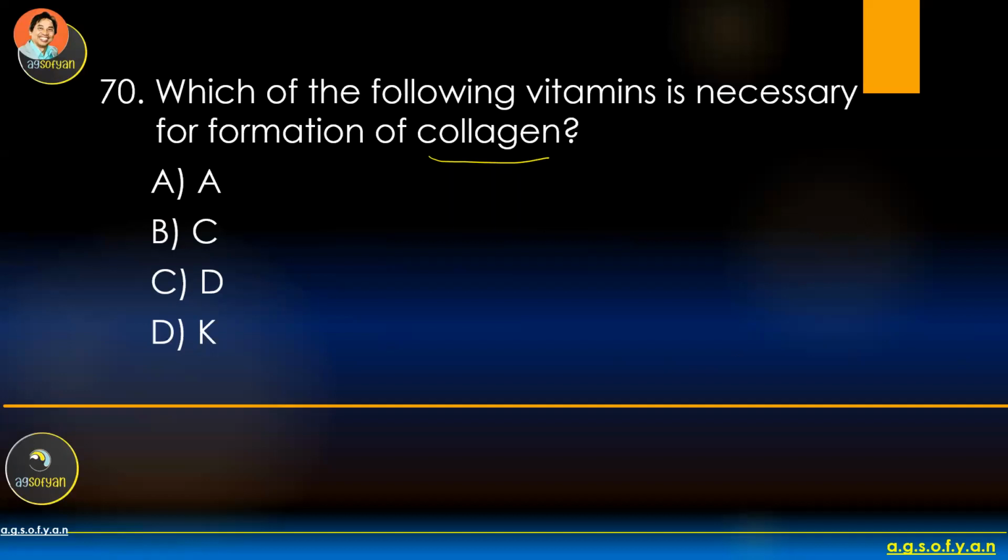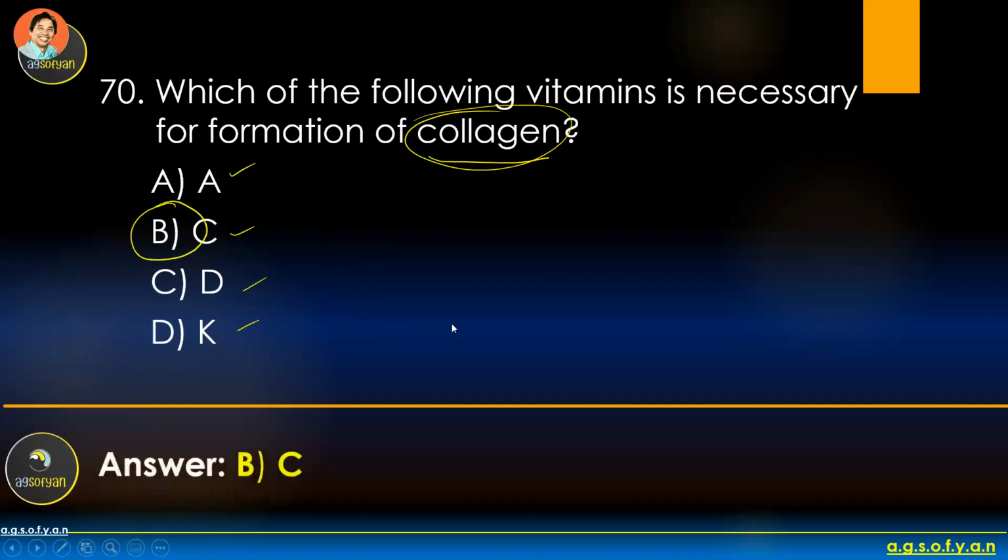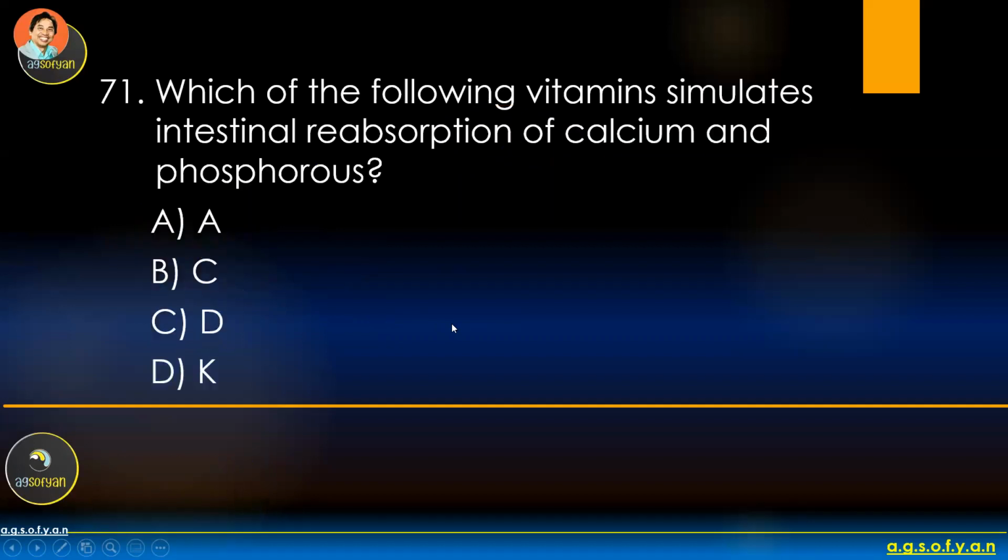So which vitamin is needed for formation of collagens? A, vitamin C, D, or K? The one that is needed for collagen formation is vitamin C. So vitamin C is needed to make collagens.